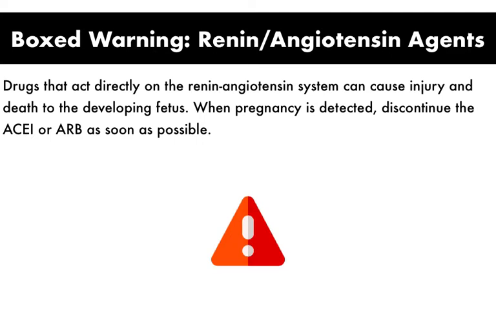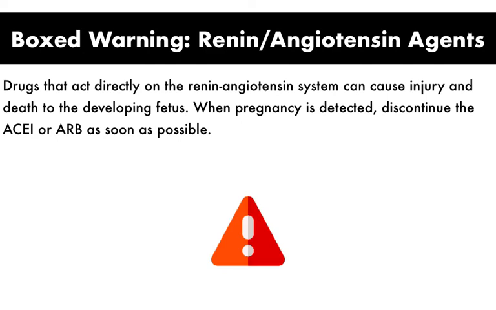I just want to reiterate that drugs that interfere with the function of the renin-angiotensin system can be risky in patients who are pregnant and should be avoided if patients are considering conceiving. The risk is at its highest in the first trimester.